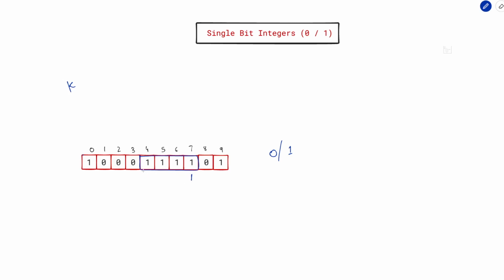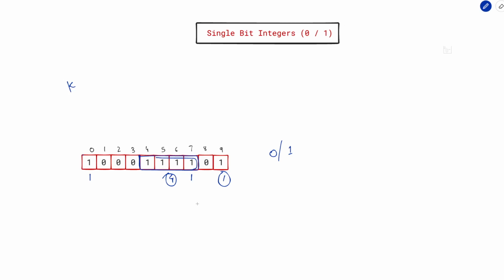So in total, to make everything 0, you will require 4 operations here. Similarly, to make this one 0, you will require 1 operation, and similarly to make this one 0, you require one operation. So in total you require 6 operations to make everything 0, which in turn is equal to the count of ones, right?